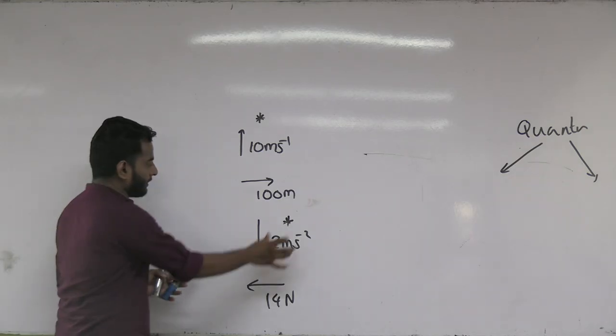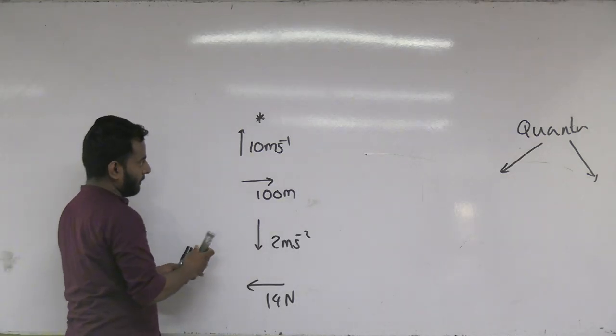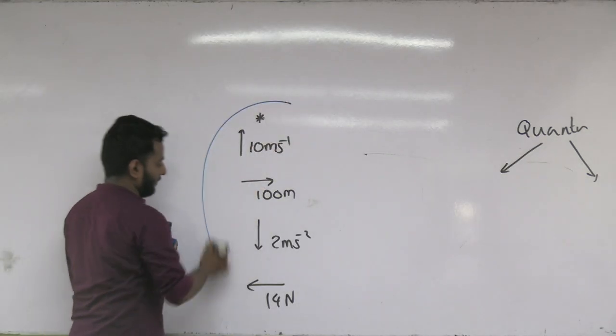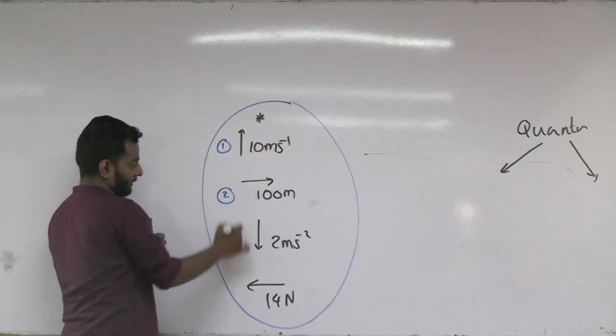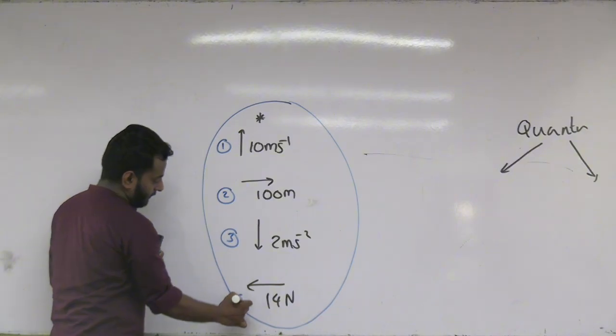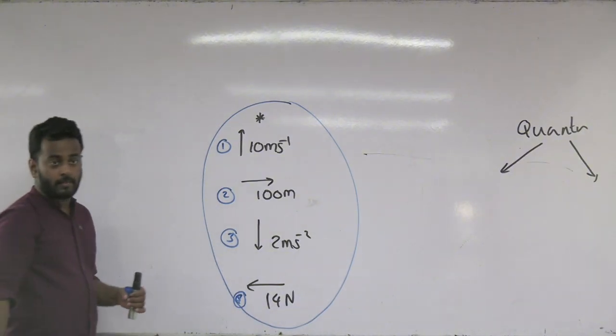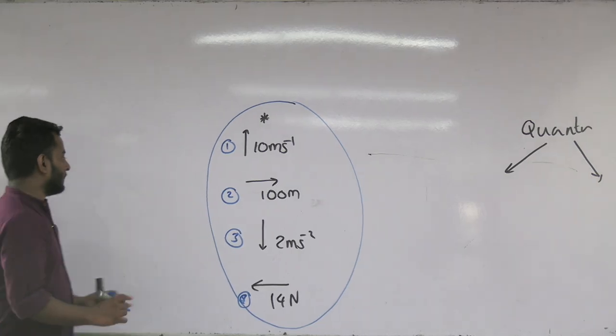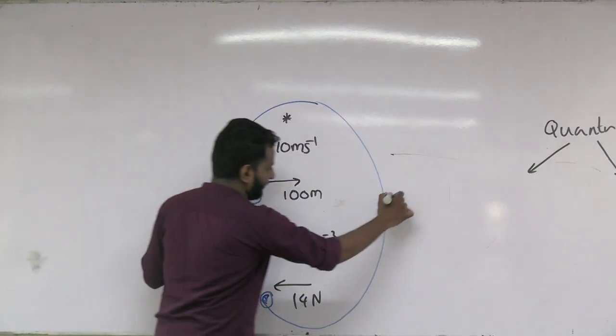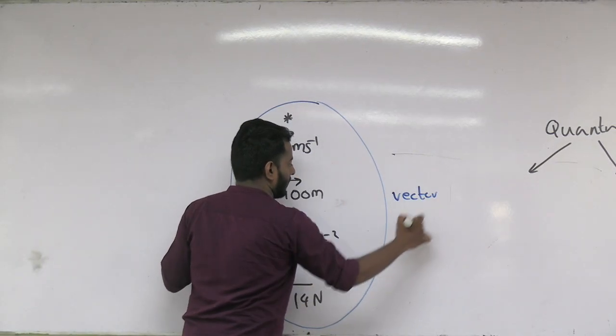Here I wrote 4 examples of vector quantities. The first is velocity, the second is displacement, the third is acceleration, and the fourth is force. These are all called vector quantities.